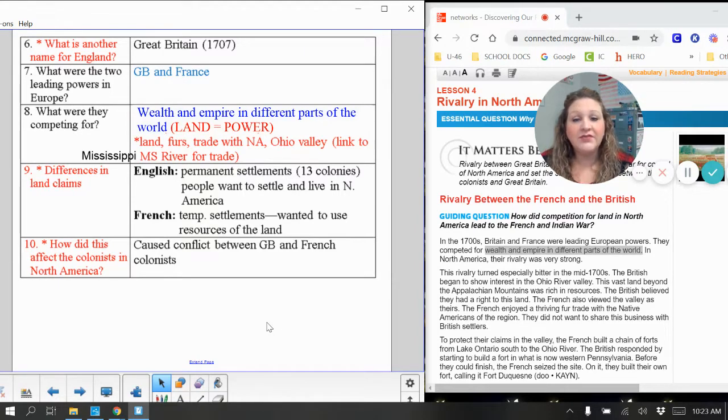This is going to cause conflict because also remember that when people came to North America, they stayed loyal to their home country, to their king. And so they still see themselves as citizens of Great Britain and citizens of France. And so they sort of have to root for the home team, if you will, because they want to have the land for their own home country.